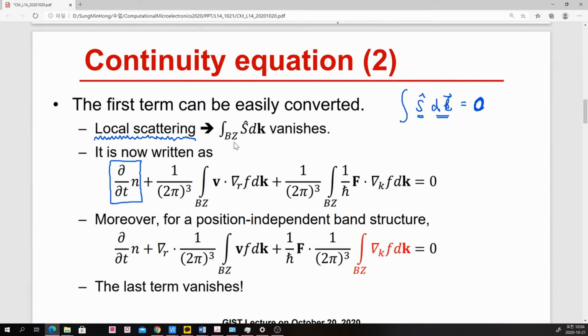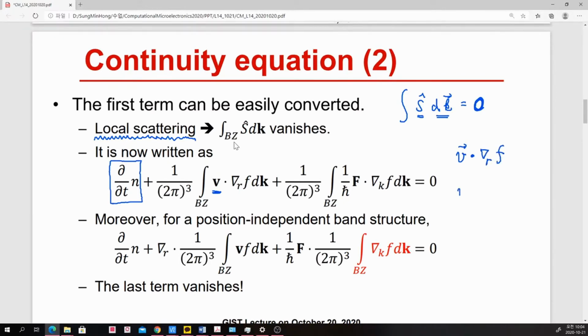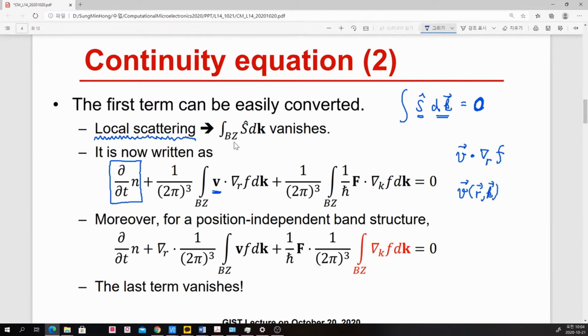By introducing the position independent band structure, one thing we can have is like this. The integrand in the second term is given by this one. However, in the general case, v can be a function of r and k.